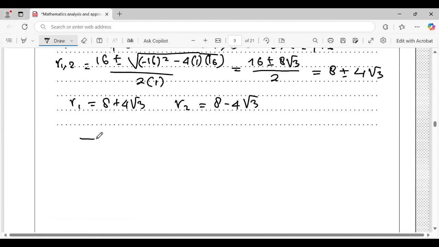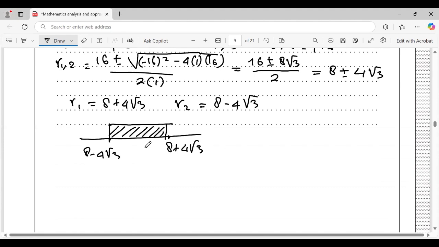We need to find the solution area. This is 8 minus 4 square root 3. This is 8 plus 4 square root 3. If the inequality is less than, the solutions area is here, this is the solutions area.